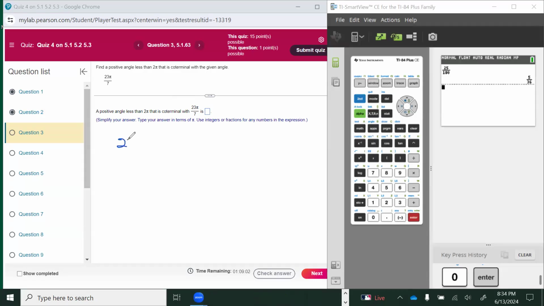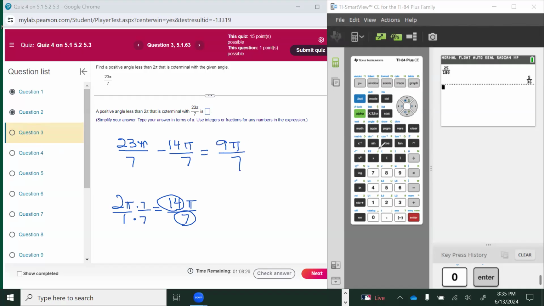I know 23 pi over 7 is bigger than 2 pi because 7 times 2 is 14, and 23 pi is bigger than 14 pi over 7. So I need to subtract 2 pi. With common denominators, 2 pi over 1 is equivalent to 14 pi over 7. Subtracting 14 pi over 7 gives us 9 pi over 7.